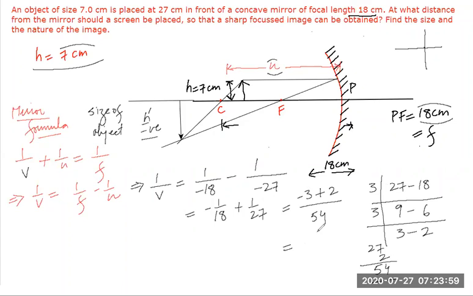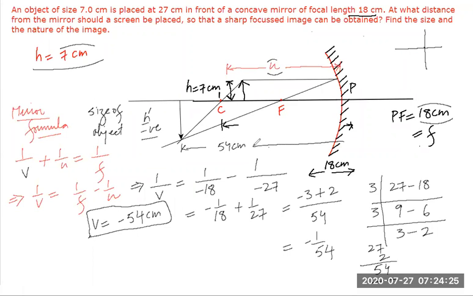So this is minus 1 by 54. Am I right? So V will be, students, minus 54 centimeters. So our judgment is correct that image will be beyond 36. The value is minus 54 till V.